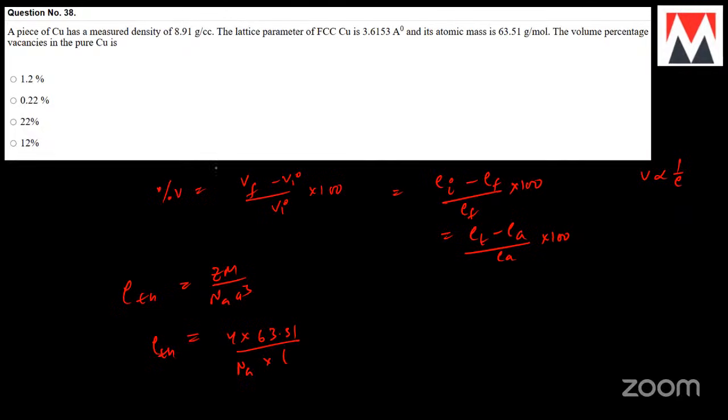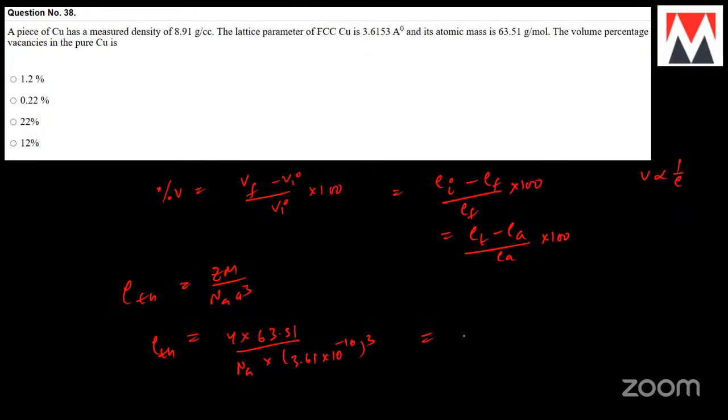If you want it in gram per cc, you write the lattice parameter as 3.61 into 10 power minus 8 centimeters, cubed. Let us put in the values.